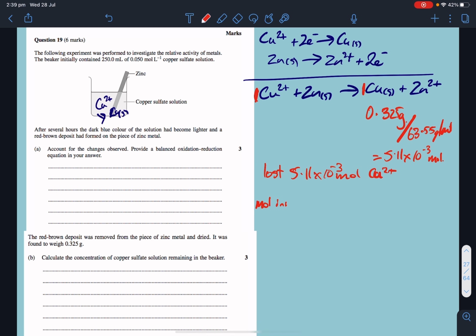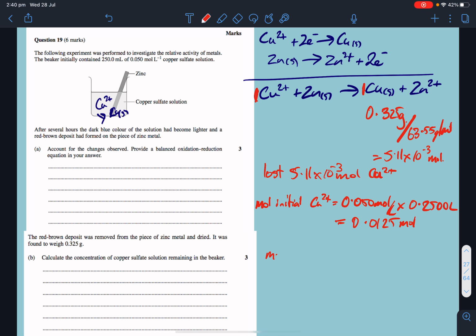Mole initial of copper 2 plus equals the concentration, 0.050 mole per litre, times the volume in litres, 0.2500 litres. 0.05 by 0.25, so that is 0.0125 mole initially.